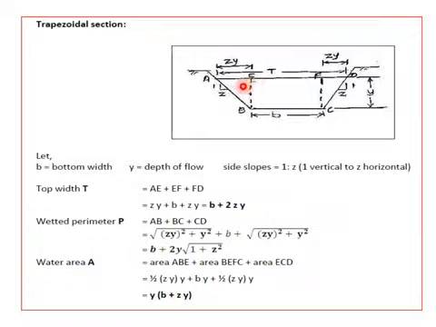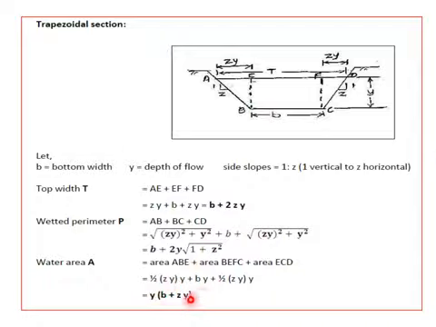Now water area. Water area is the cross-sectional area of flow taken normal to the direction of the flow. So it is the area AEB plus EBCF plus CFD. Now you can calculate this area, which is half ZY into Y, plus B into Y, plus half ZY into Y. That gives the formula Y into B plus ZY.